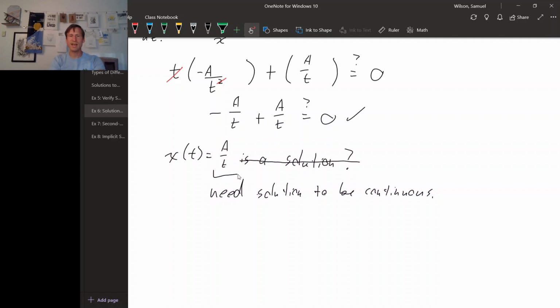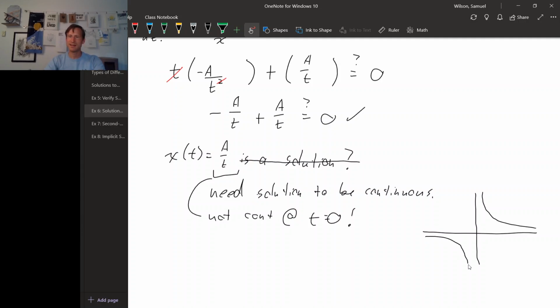And this function, A over t, is not continuous at t equals 0. If you sketch a graph of this function, it looks something like this, at least if A is positive. If A is negative, it looks like this, but flipped vertically.